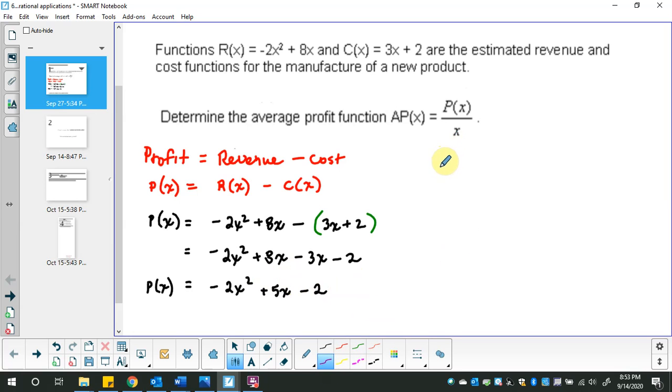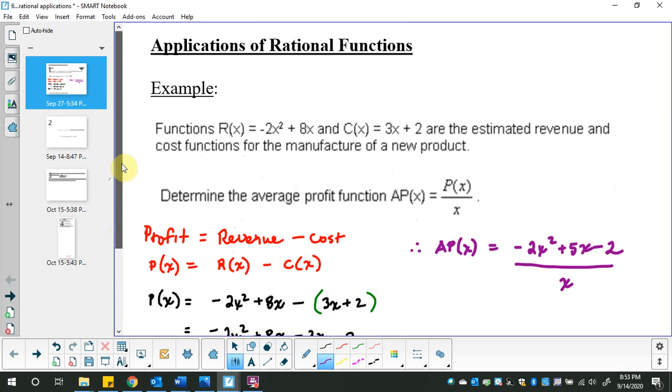Purple, let's go for it. So AP at x is equal to the profit function, which is this thing, over x, and that is the answer to this question. It's also finally a rational function, which is why it is under applications of rational functions.